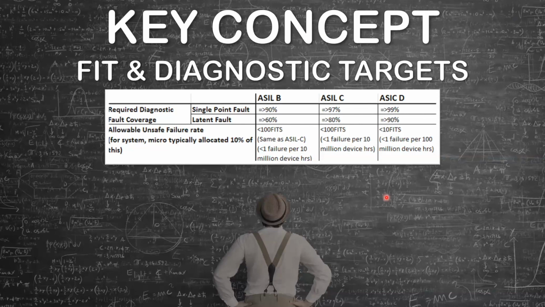It's failure in time. So one FIT is one failure in 1 billion device hours. And by using this FMEDA, we're able to assign those failure rates to different blocks of hardware, and we can go in and analyze those blocks and figure out if we can achieve these metrics.